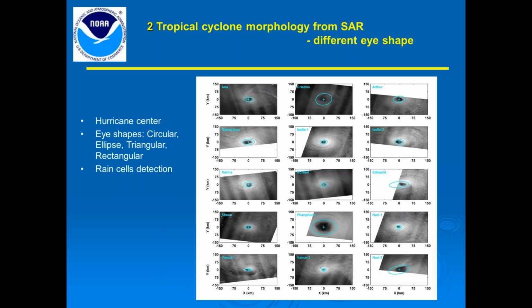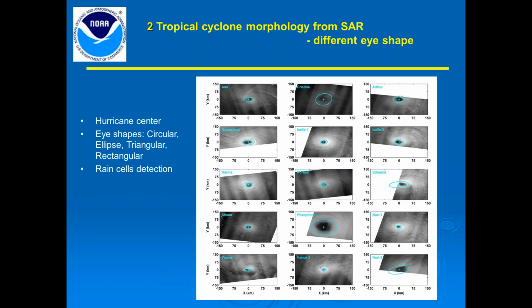Within the hurricane eye, the wind is usually calm, so it doesn't have a very strong scattering signal coming back from the ocean surface. The energy is pretty low, so it's dark. That's very, very easily identified from the SAR imagery.